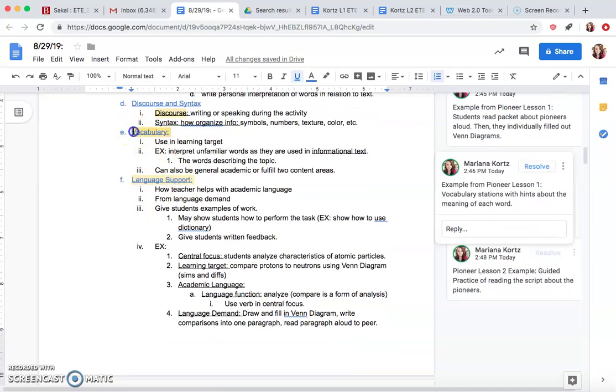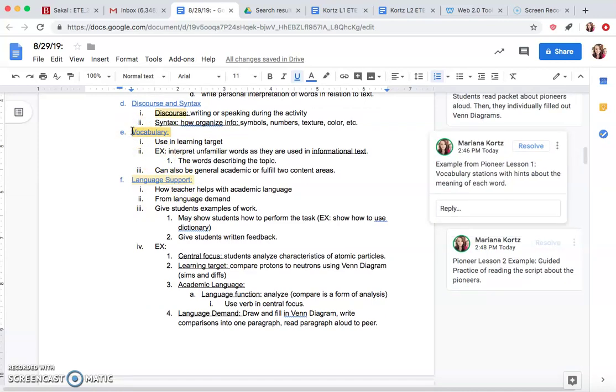Next is vocabulary. The main way that I showed that in my first Pioneer lesson was by having vocabulary stations. Each station had a picture of the vocabulary word, either an object, for example, buckskin. I had a picture of a buckskin coat.